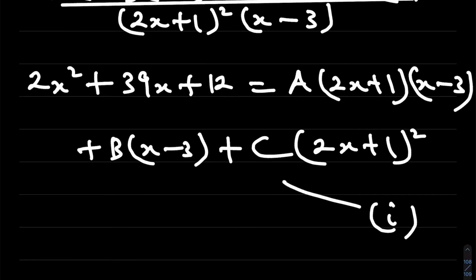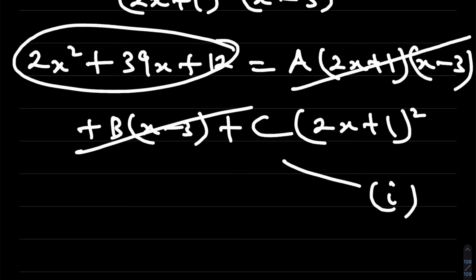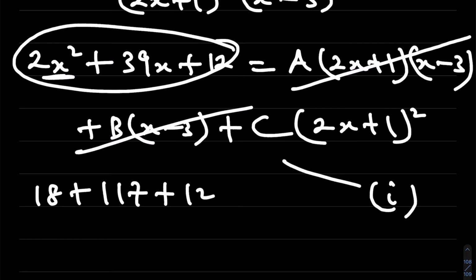Okay, if I put x equals 3, this will become 0 and this also becomes 0, so I'll be left with the left hand side, which will be 3 squared is 9, 2 times 9 is 18, 39 times 3. So that's simply 18 plus 39 times 3, which is 117, and then plus 12.